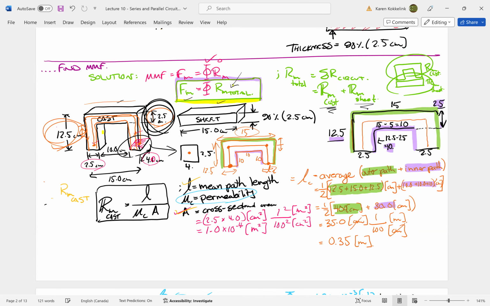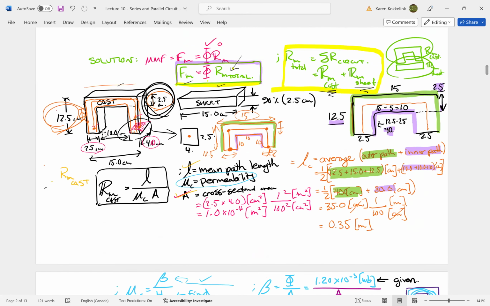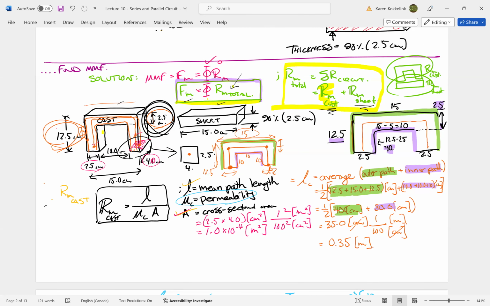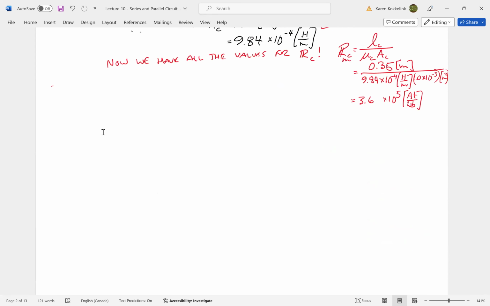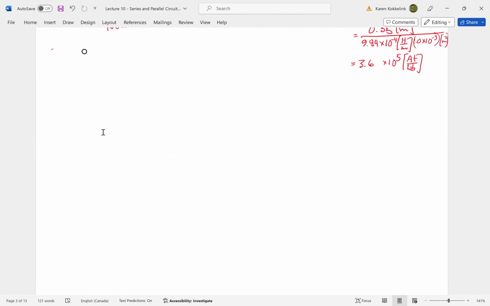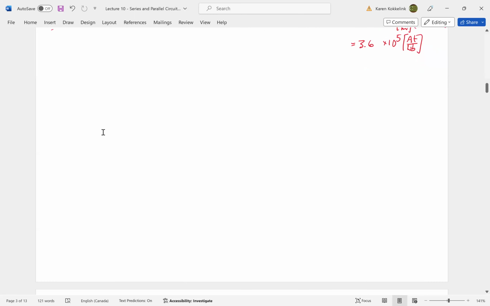So we need to find the reluctance of the cast section plus the reluctance of the sheet section. And so far we have found the reluctance of the cast section, which is 3.6 times 10 to the 5. So we've got this part done. Now we just have to do that for the sheet section. So we just have to do this whole problem over again for the sheet section, but it's a little bit more difficult because it is laminated.